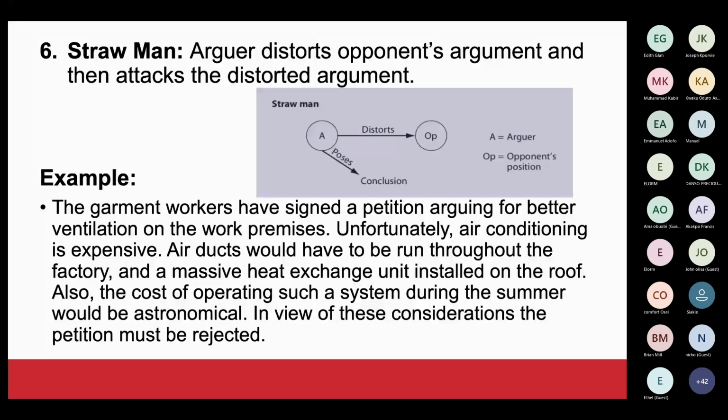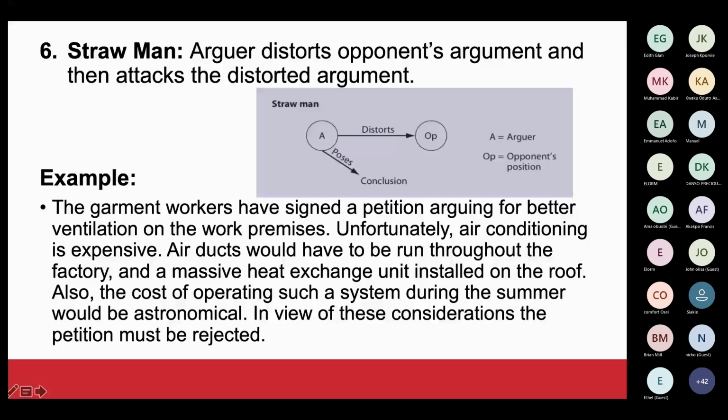Then the arguer distorts the opponent's argument, and after distorting it, he poses a conclusion based on the distorted argument. Let's look at this closely, and then you understand what I'm landing at.